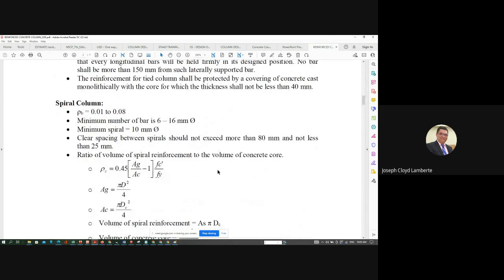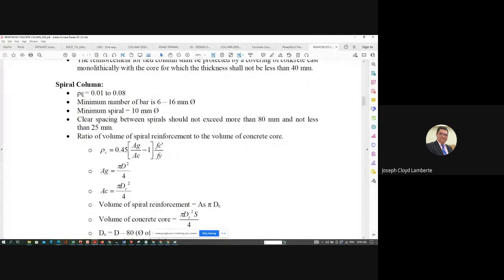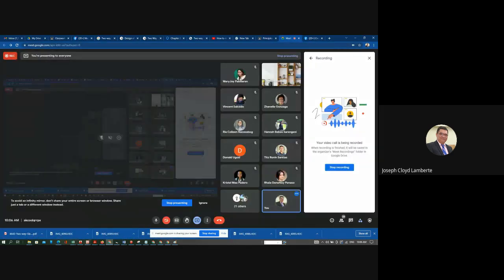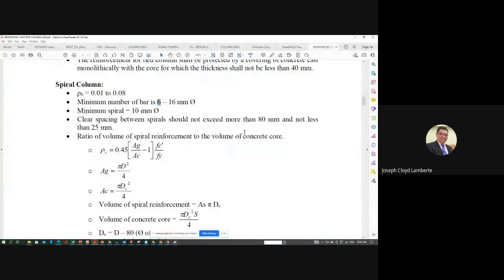For spiral column, we have, again, the steel ratio is from 1% to 8%. This time, the minimum bar is 6 kabuok nga 16 mm. So the minimum spiral is 10 mm.